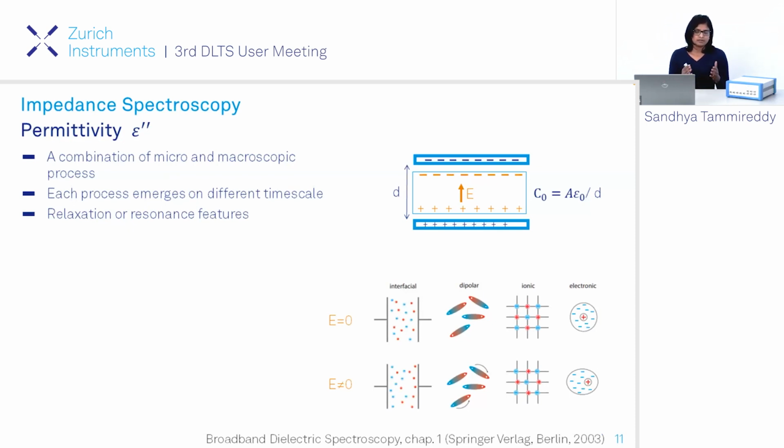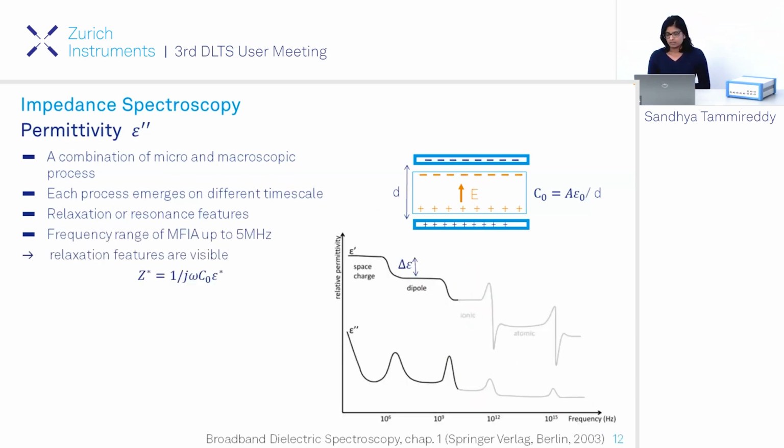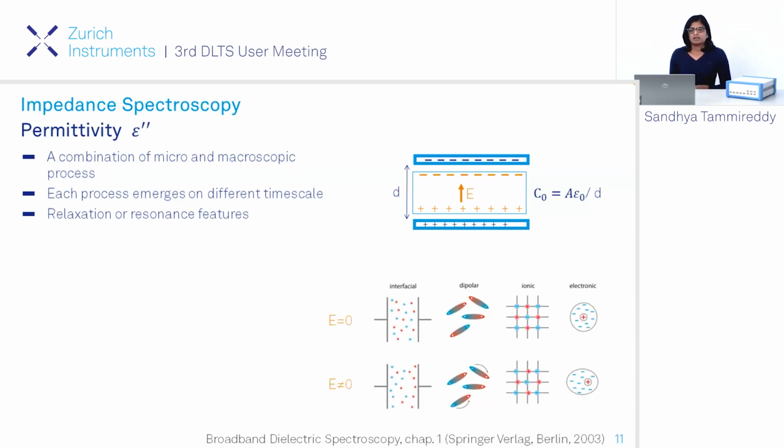In general, if you have a material, there are a number of processes going on, such as interfacial response or dipolar, ionic or electronic features. Normally, they're all randomly distributed all over your device. However, when you apply an electric field, all these different processes try to respond and reorient themselves according to the applied electric field.